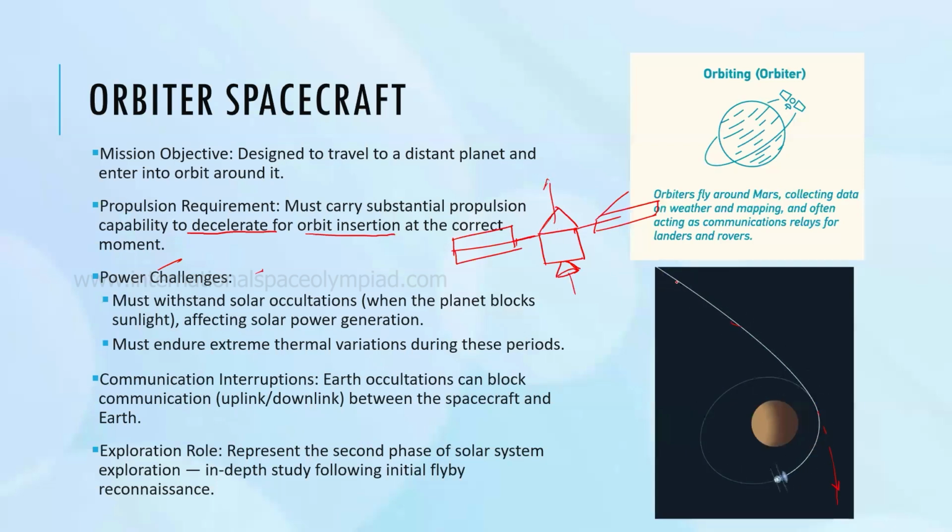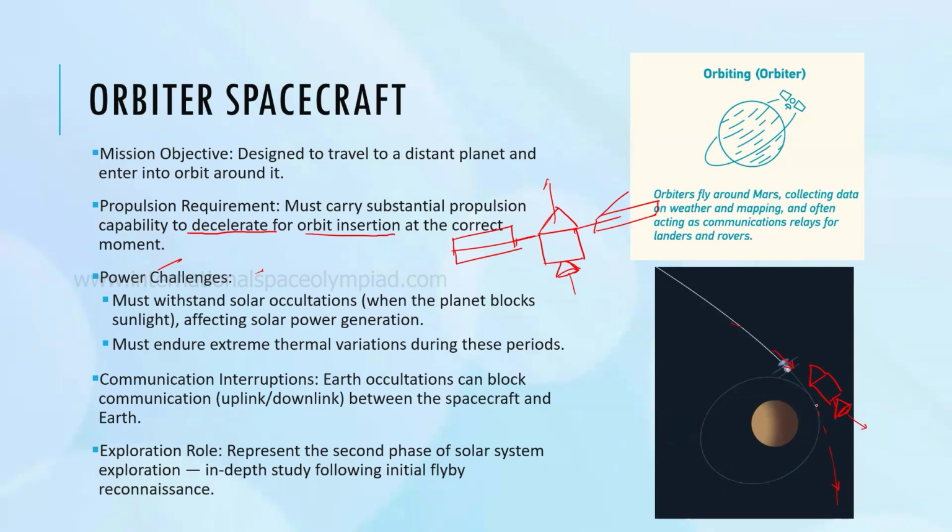Suppose it is coming in this direction, and if the rocket gets fired, its speed will increase. The problem is that it will never be captured by the planet. So what they do is reverse the orientation of the spacecraft so that its nozzle is facing in this direction. Now if we fire that rocket, it will effectively reduce the speed.